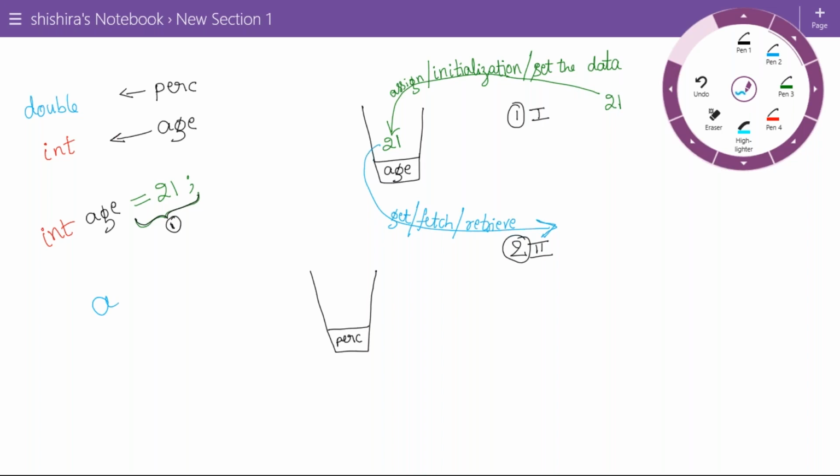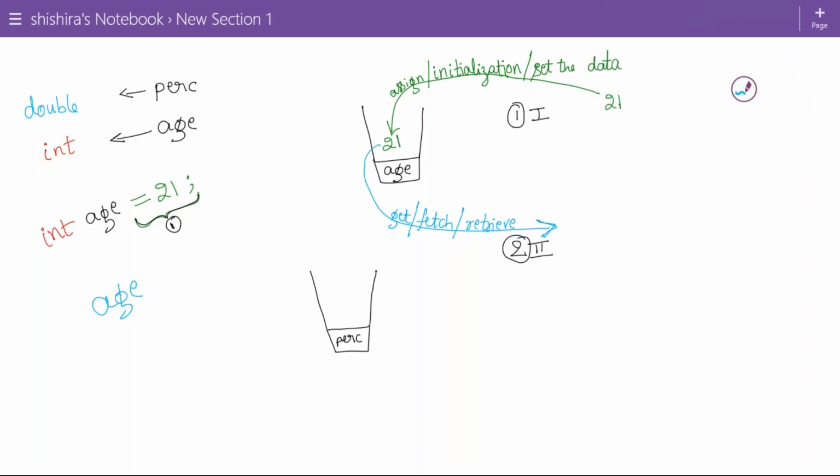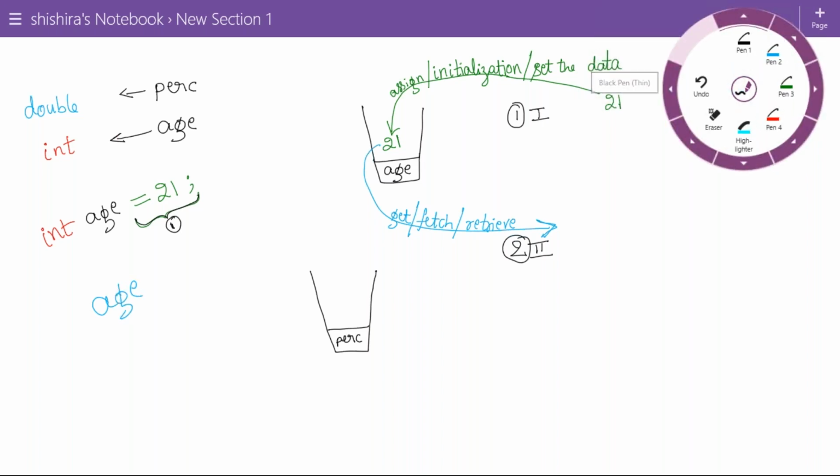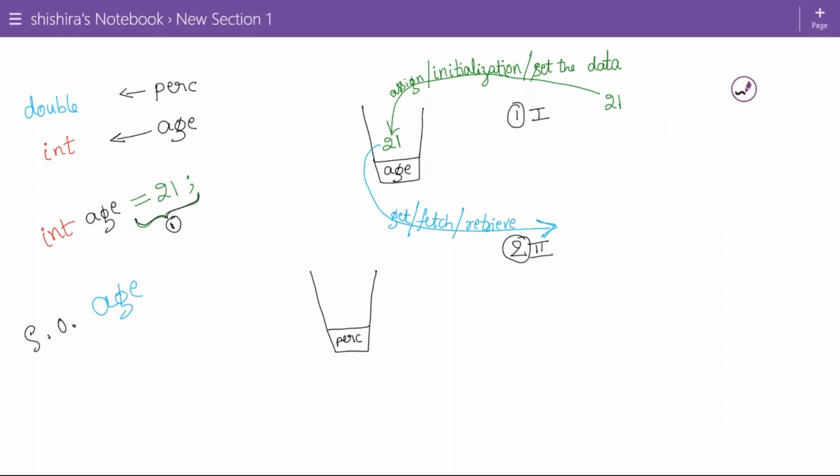So now age, I just say age. What do you do with this age? You can print it with system.out.println. You are fetching this and printing it. Or you have the age, and you can save the age to a database, or save the age to a file.